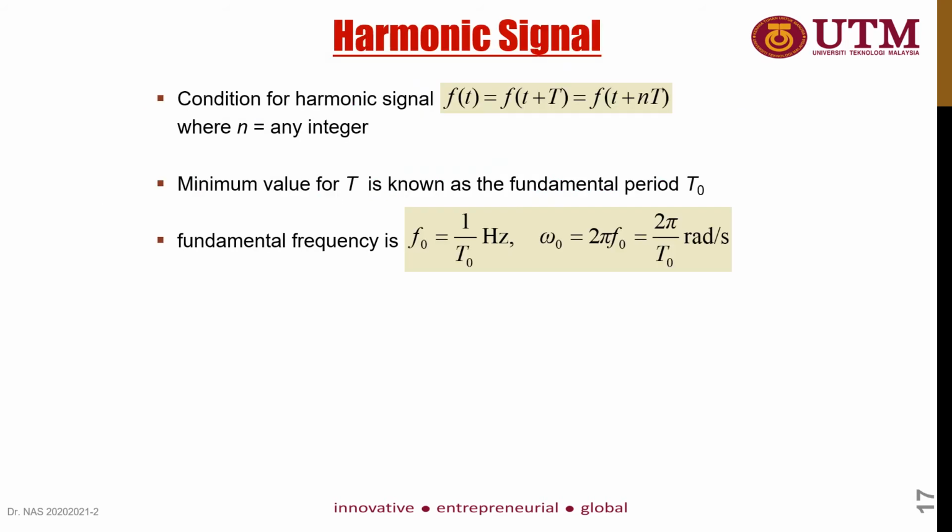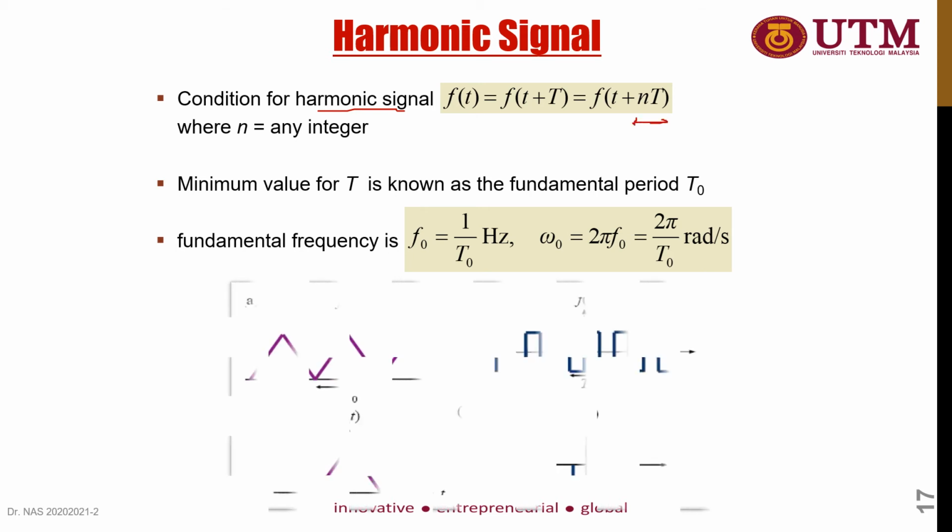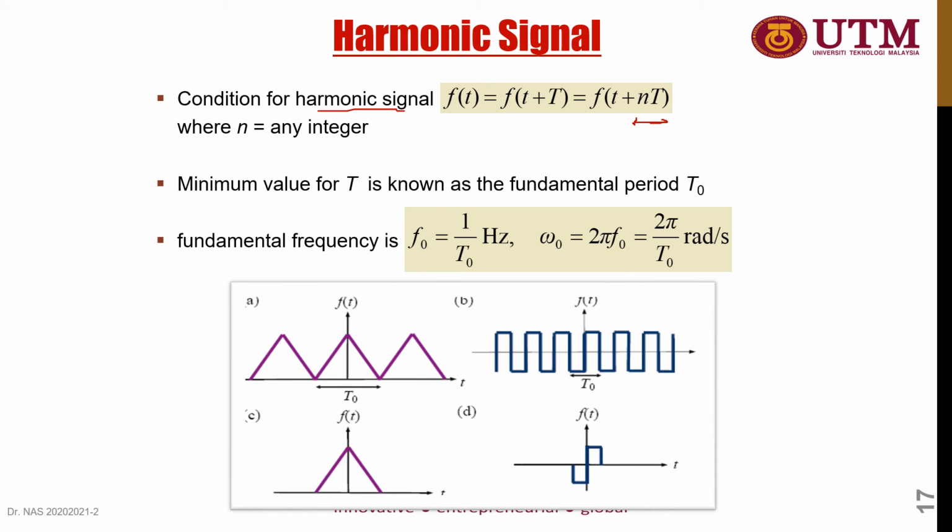Okay, next is the harmonic signal. Harmonic means a repetition of the same signal in sequence. You can see at the bottom here some signals, whether they are harmonic or not.